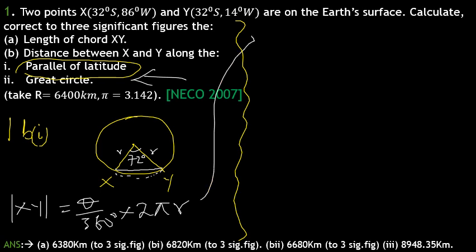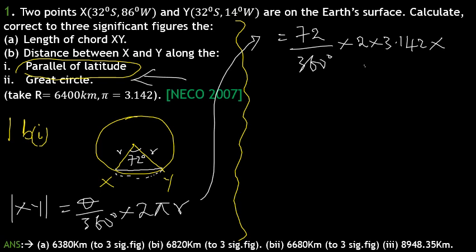All right, so let's plug in the values we have. Theta is 72 over 360 degrees times 2 times 3.142. We're asked to use pi as 3.142, then times our r.